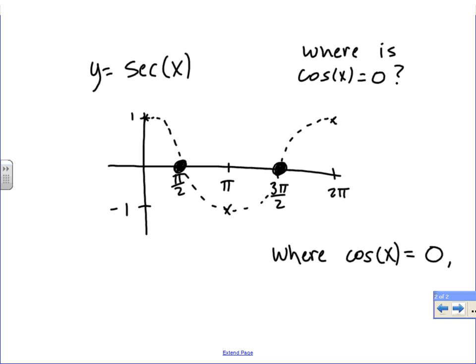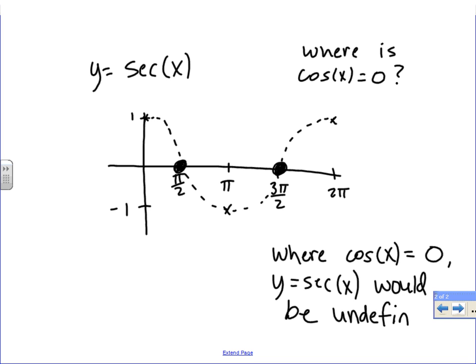Where cosine of x is 0, what is that going to mean about secant? Where cosine x is 0, y equals secant x would be undefined. It's very similar to the last graph. Wherever my cosine curve is crossing the x-axis is where my asymptotes will be for my secant graph. So now I'm going to draw in my asymptotes there.